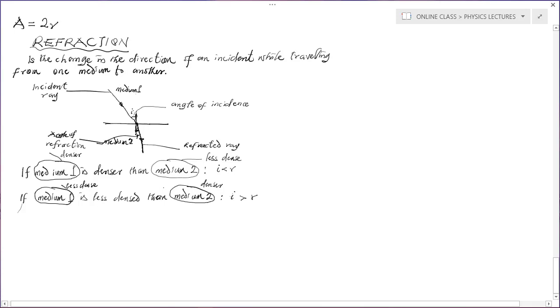So the heavy one is the sandy soil, while the less dense one is the smooth road. When you are on sandy soil, you don't move far away. That is why you see it here, close to the normal. But when you are on a tarred road, you move faster, so that's why it's far away. That is the explanation I can give to that.